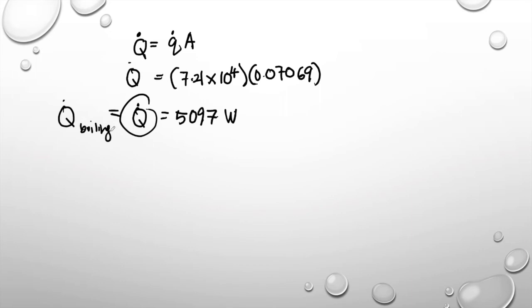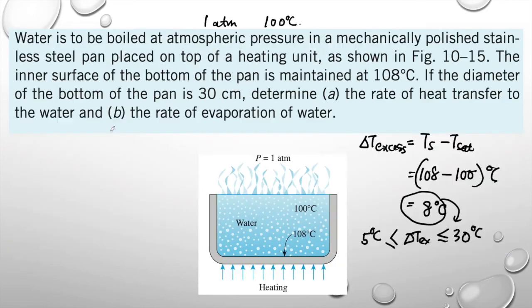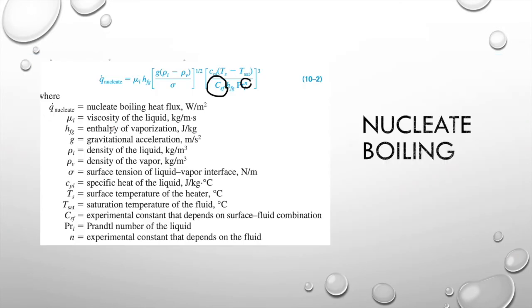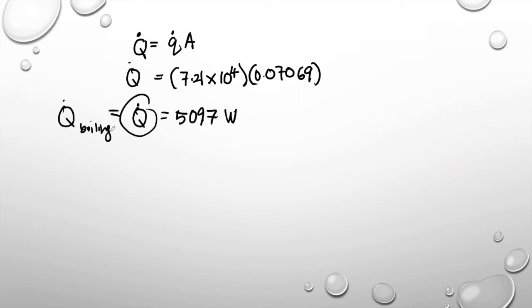Then there is another question about the rate of evaporation. For this we use the equation Q dot equals M dot times h_fg. We want to find the mass flow rate of vapor, so rearranging, M dot is Q dot over h_fg.